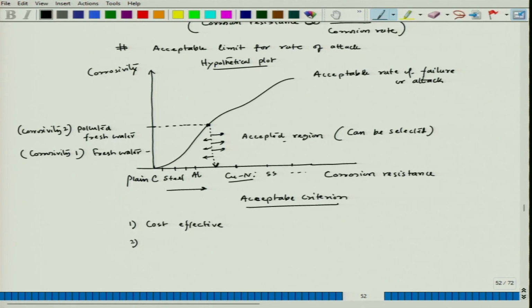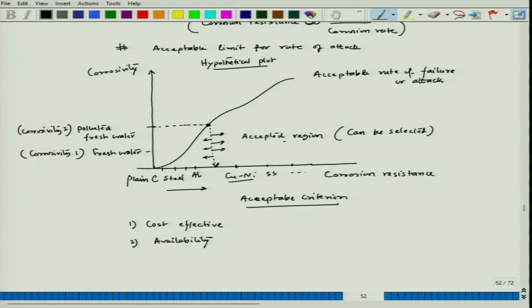Second one is the availability. So, even if some material shows a very good resistance, we should see that that material should be available in that particular region of application, must be very easy. So, easy availability is the second criterion that should be considered for the final choice of the material which is to be used in polluted freshwater.